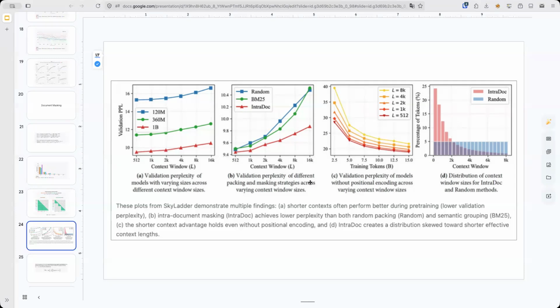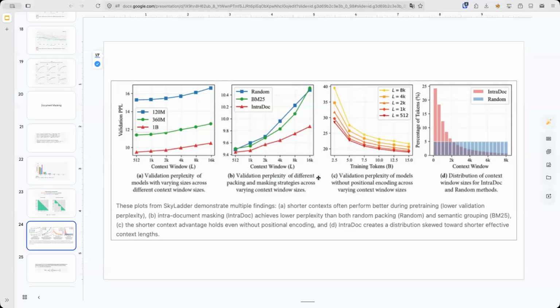Even if we mask the tokens properly, we still have positional encodings already embedded there, and we don't shift positional encodings based on where the document starts. And that might explain, at least be one of the reasons, why perplexity goes up.